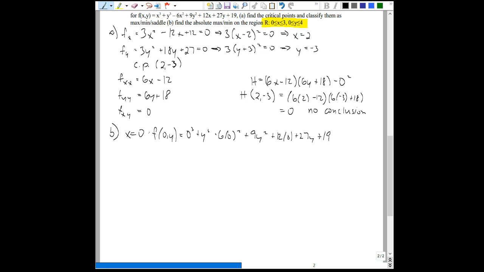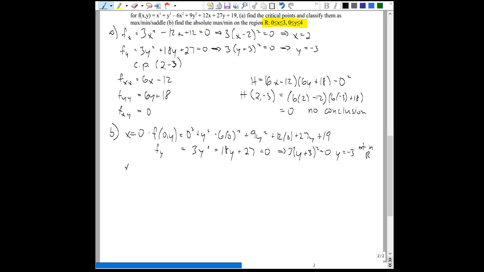And then we're going to take the derivative with respect to y of that, and we get 3y squared plus 18y plus 27, and we set that all equal to 0. Now, of course, this equation is quite familiar. We actually just solved it out. And this will be 3 times (y plus 3) squared equals 0. So you get y equals negative 3. However, looking back at our region, y equals negative 3 is not in R. So it doesn't give us any new boundary critical points.